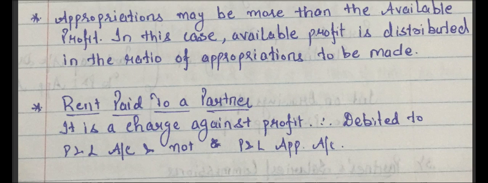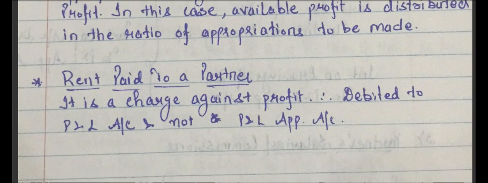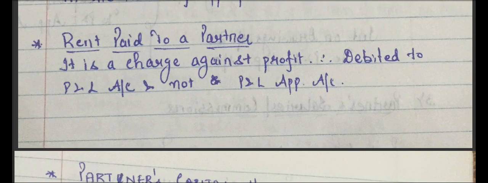Then I discussed the rent paid to a partner, that it is a charge against profit, because you have to pay rent whether the firm is into profits or into losses. So it is to be debited to profit and loss account and not profit and loss appropriation account, because it is a charge against profit.